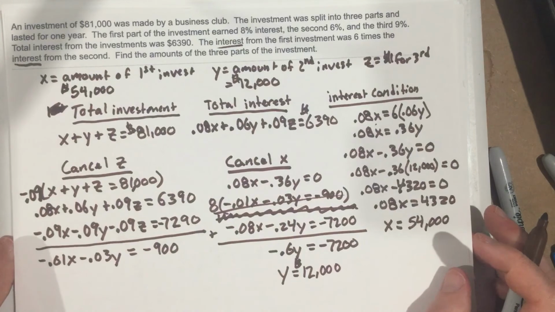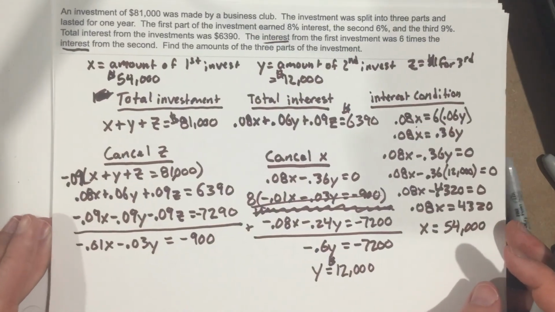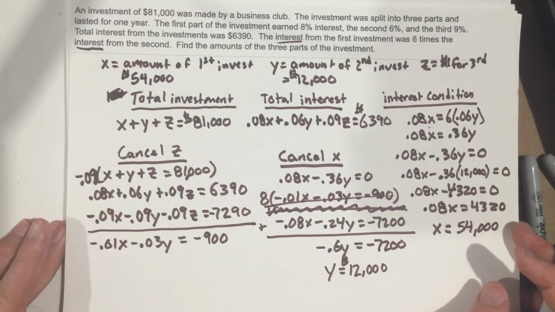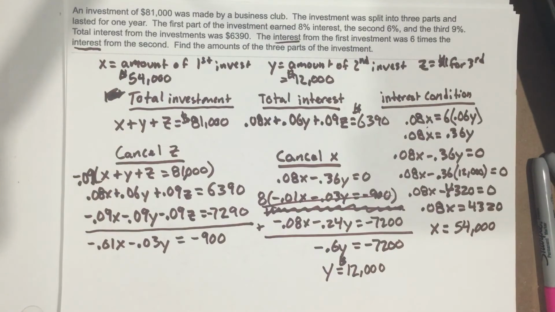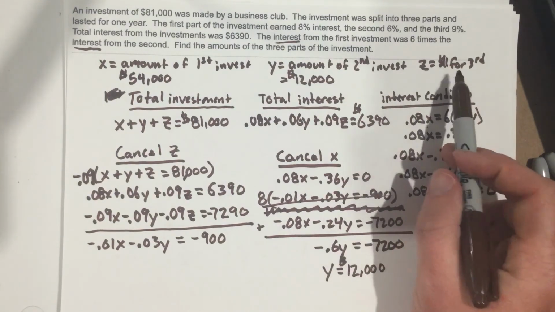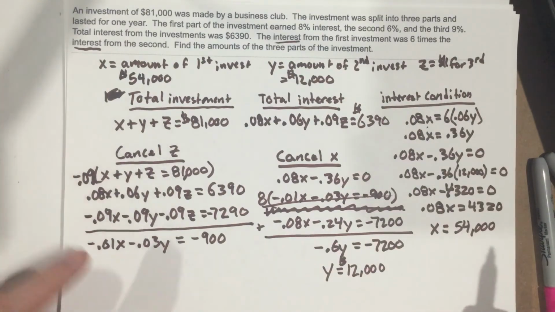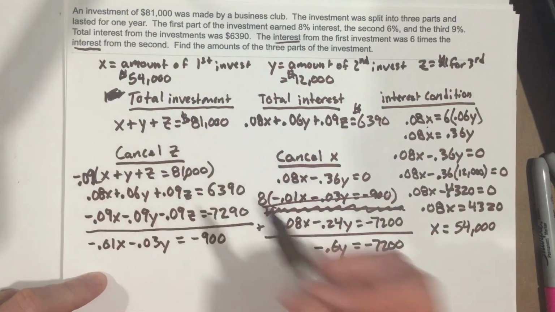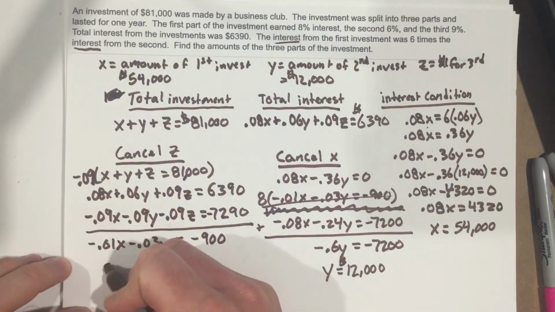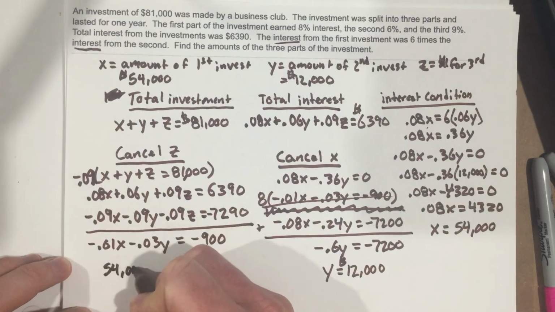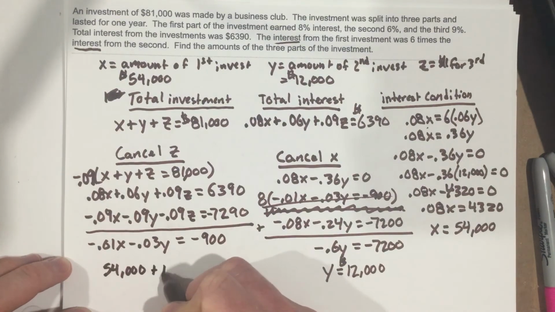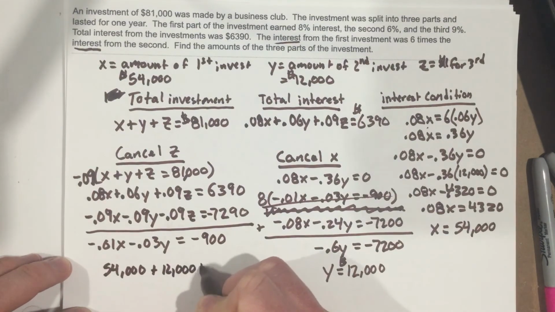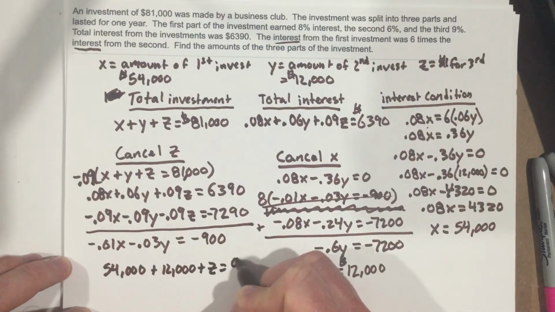So now all we got to do is find our last piece of information, our last investment, z. Well, we can go back to our original equation, x plus y plus z is 81,000. So we can say 54,000 plus 12,000 plus z equals 81,000.